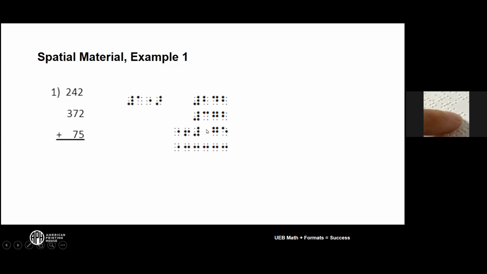So even though there's a space here right after the numeric indicator, we still know that this is a 7 and this is a 5. Then our separation line is the same length as the whole problem. I didn't have any input from a teacher or student for this transcription, and so I chose to follow print for making the summary line long enough that the plus is also encompassed in it, right? So the plus is actually over the line, just like it is in print.